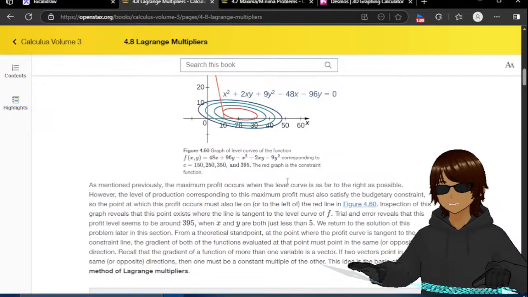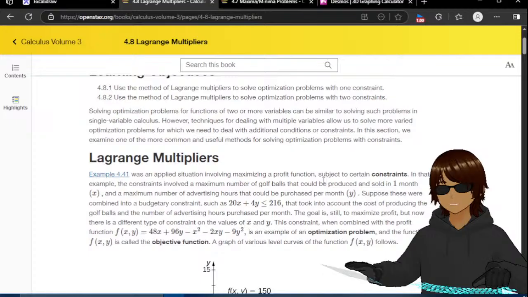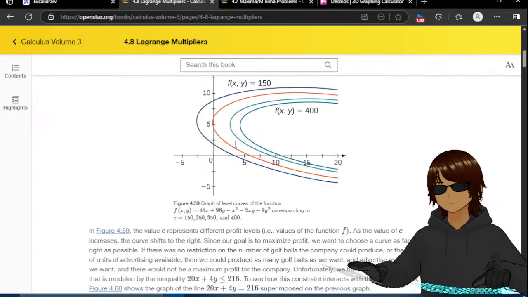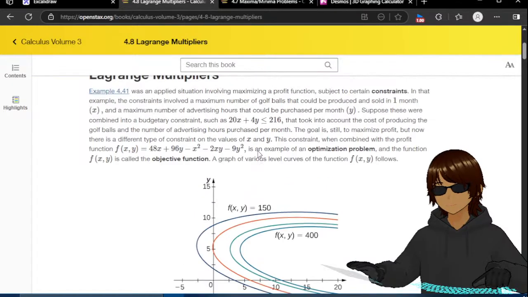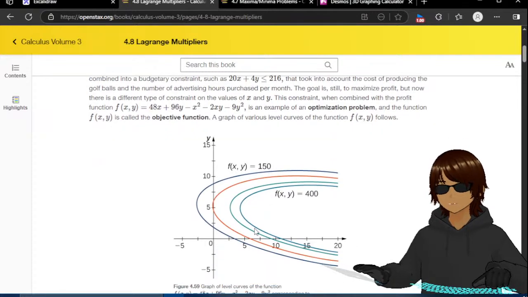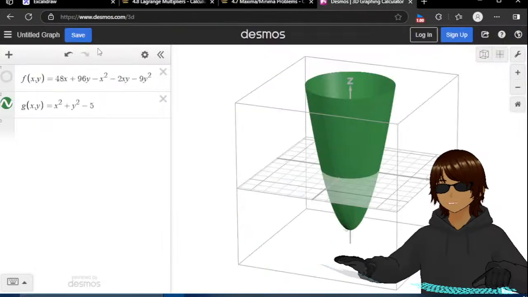The maximum profit occurs when the level curve is as far to the right as possible. When this is 400, the level curve is here. 150, the level curve. Hold on.